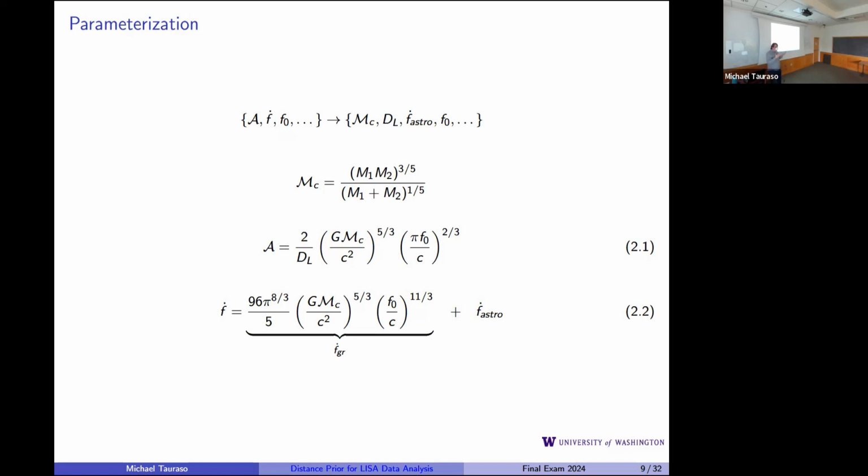The other sort of weakness of doing the search in this parameterization is that you have to come up with prior distributions for all of your model parameters, including amplitude here. So you have to come up with some physical model of the galaxy and then determine what your prior on the amplitude of gravitational waves you're receiving should be.